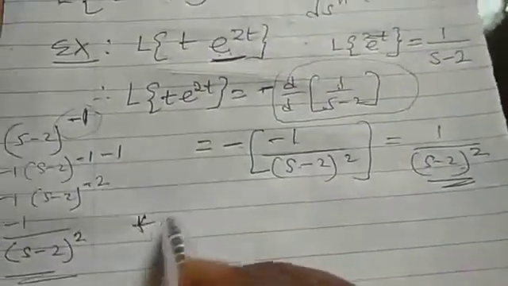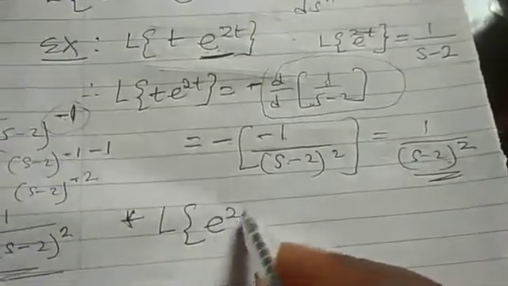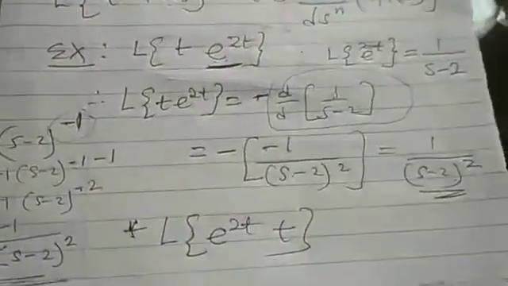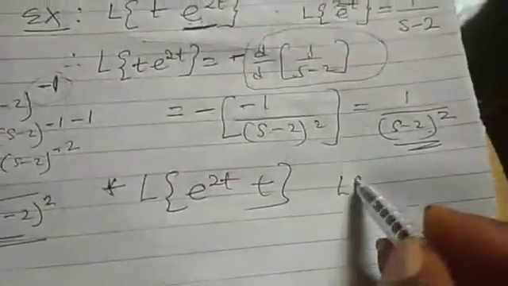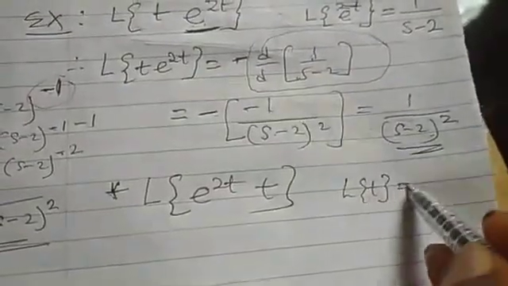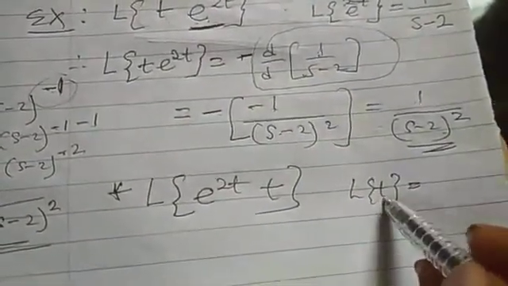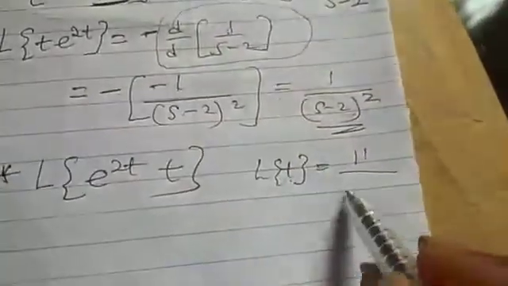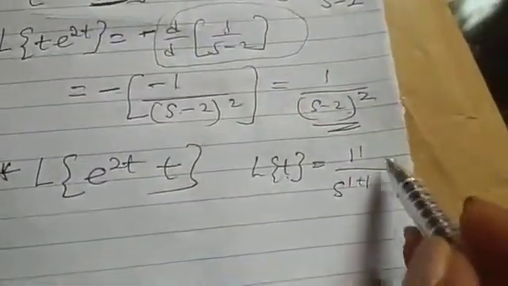And if you want to use the shifting theorem, the first one that we did, you know the Laplace transform of t. If you remember that one, I'll first find the Laplace transform of t. This is 1 factorial over s raised to power 1 plus 1, so this is 1 over s squared.